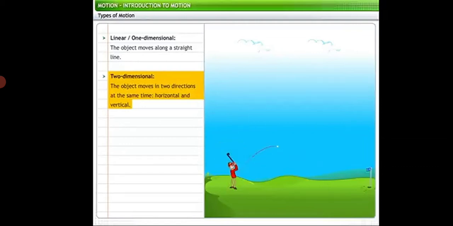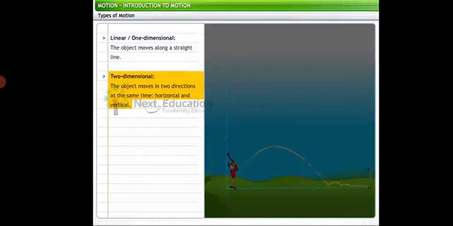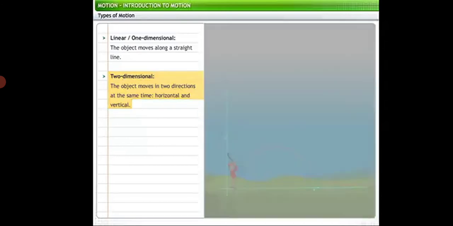For example, when a golf ball flies off, making a large parabolic path over the golf course, it travels in two dimensions or directions at the same time, horizontal and vertical.